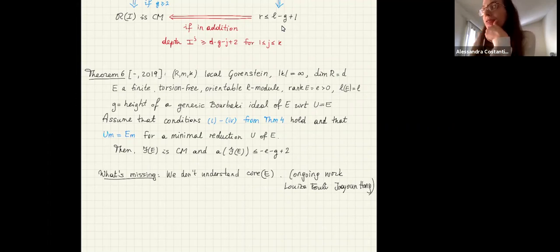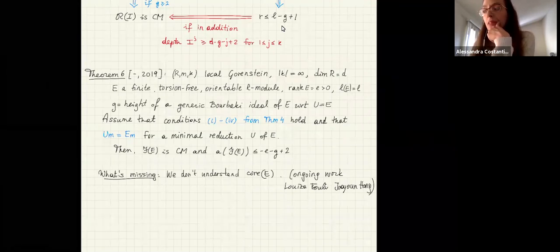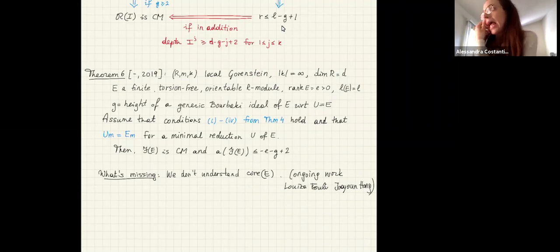In the paper for modules of projective dimension 1, they actually construct the general Bourbaki ideal. It's a similar construction, but instead of doing a generic extension, you kill general elements. We're still trying to figure out whether we should be using generic or general.